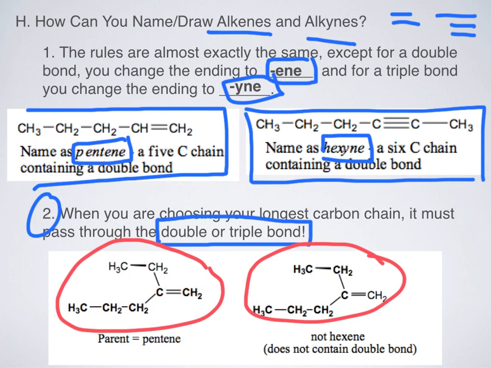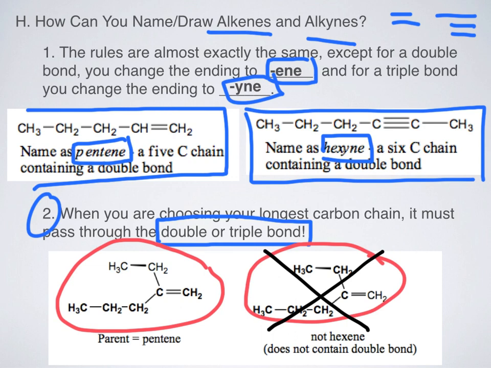Now this one, if I were to go around, 1, 2, 3, 4, 5, 6, wouldn't this be better since it's the longest carbon chain? But it has to pass through the double or triple bond. Doing this does not pass through this double bond. So I can't have this as a possible chain for my compound.